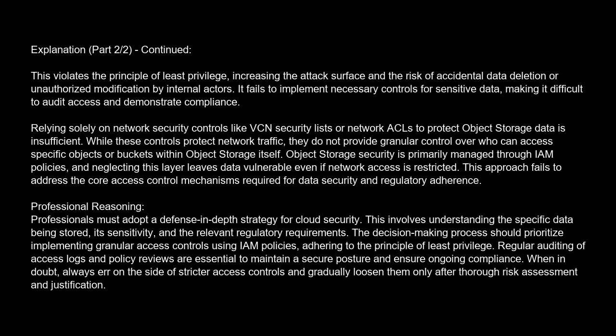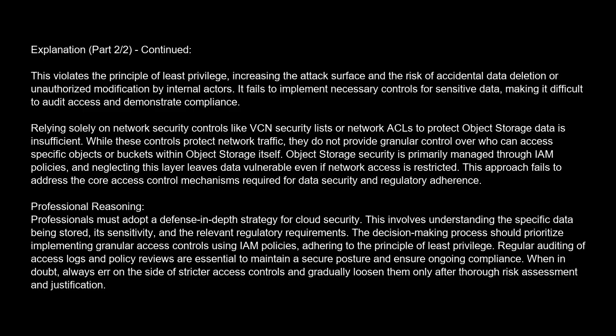While these controls protect network traffic, they do not provide granular control over who can access specific objects or buckets within object storage itself. Object storage security is primarily managed through IAM policies, and neglecting this layer leaves data vulnerable even if network access is restricted. This approach fails to address the core access control mechanisms required for data security and regulatory adherence.